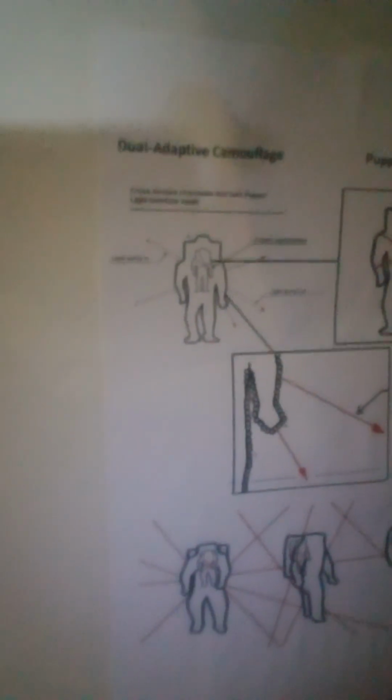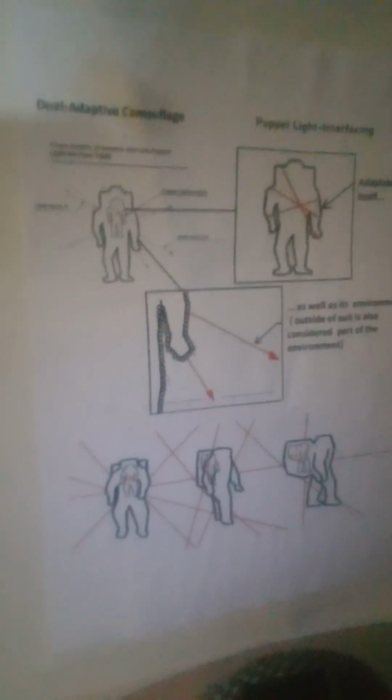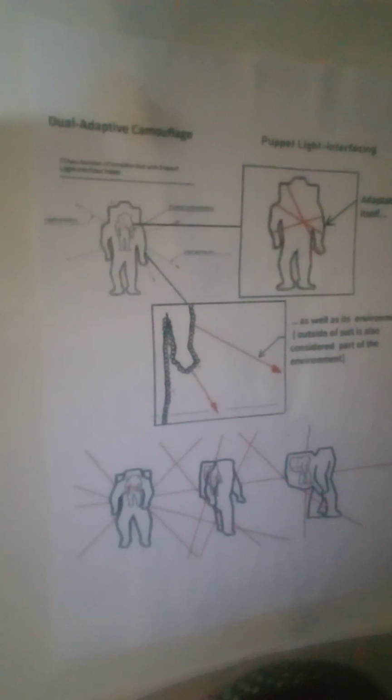This is dual adaptive camouflage, and you can use the same principles that you make a portal from to create an invisibility suit with appendages that move in real time with the body inside the suit. And the suit has to be rigid. It can't be flimsy like a Harry Potter invisibility cloak. It has to be rigid like a suit of armor to maintain the paths of light going in and coming out.